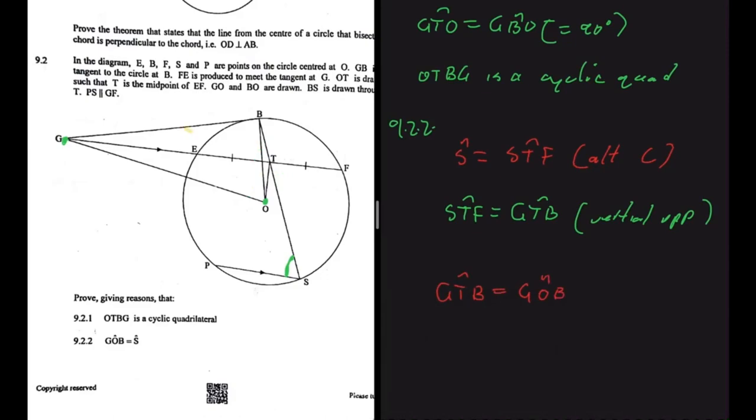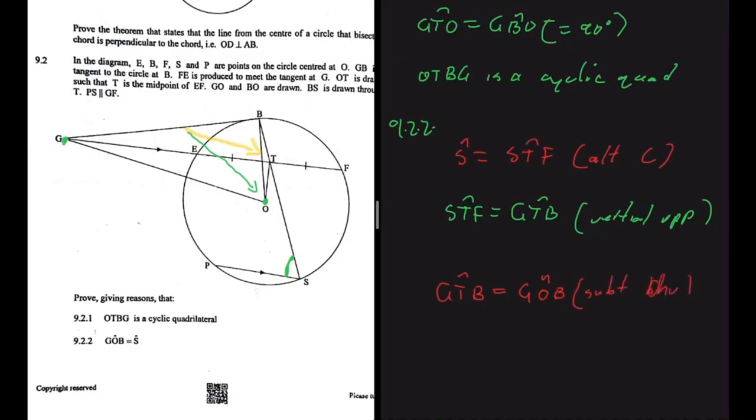GTB is being subtended by GB, and GOB is also being subtended by GB. We've proved that OTBG is a cyclic quad, so we can get away with saying that they've been subtended by the same chord.